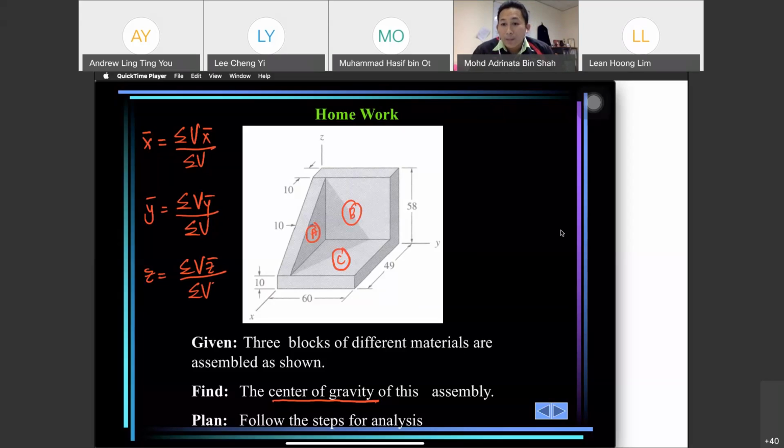Boleh ke centroid? Apa soalan tu? Tan, boleh ke centroid tak dalam objek? Oh, boleh tak kalau center of gravity tu tak dalam? Boleh. Memang ada.